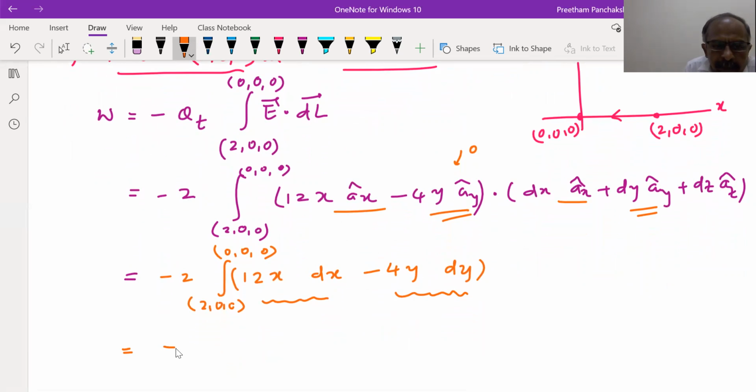We can separate them. The first one is 12x dx, minus 2 times, after multiplication, 4y dy.